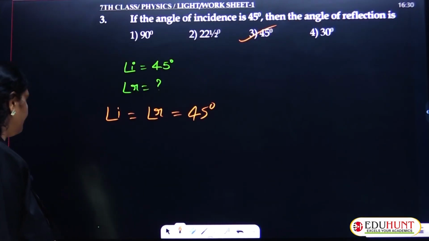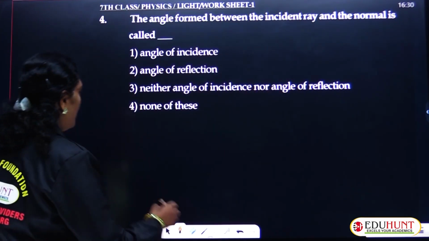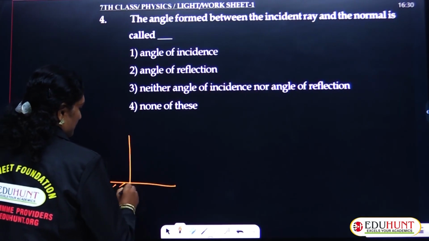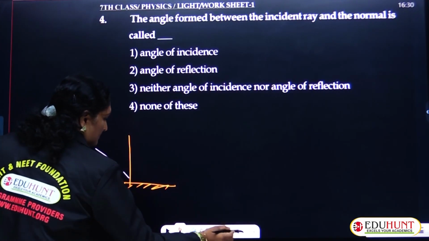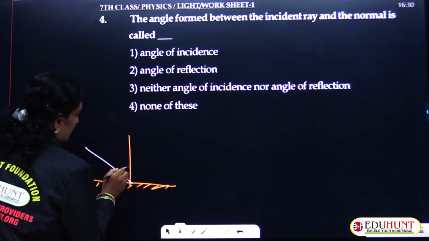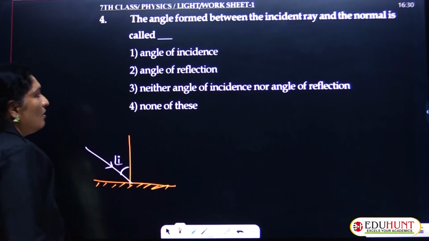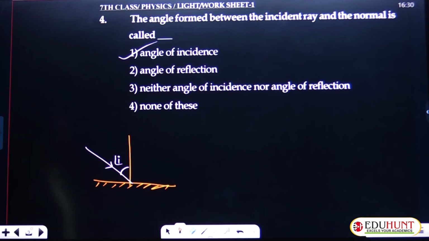So the angle formed between the incident ray and the normal is called the angle of incidence. So option 1 must be true.